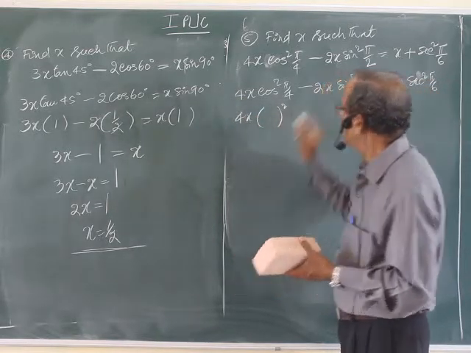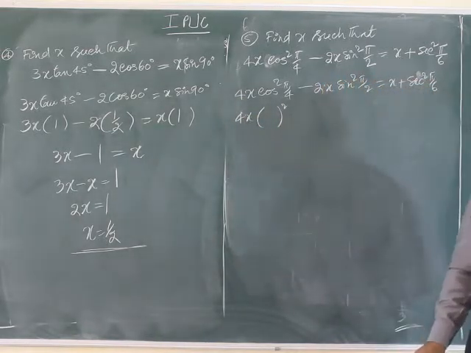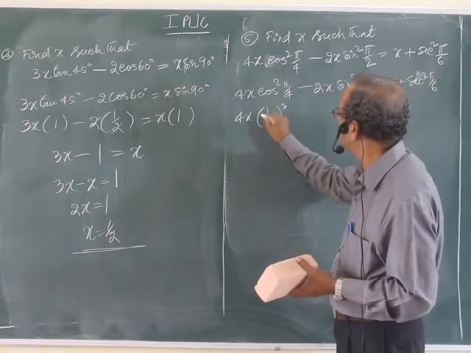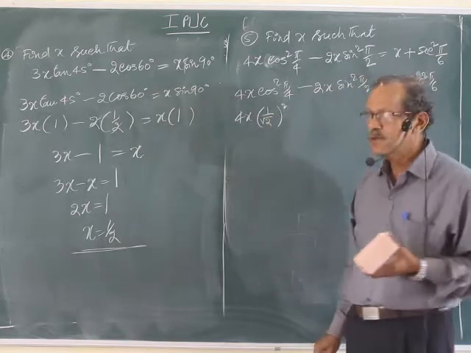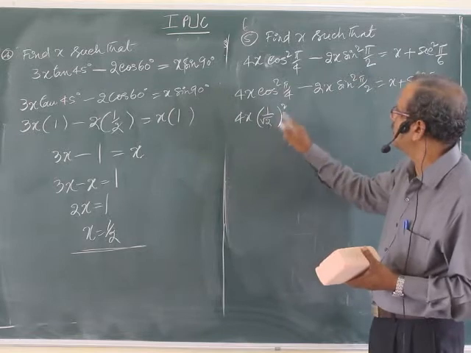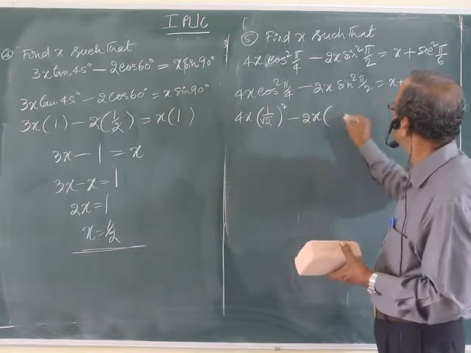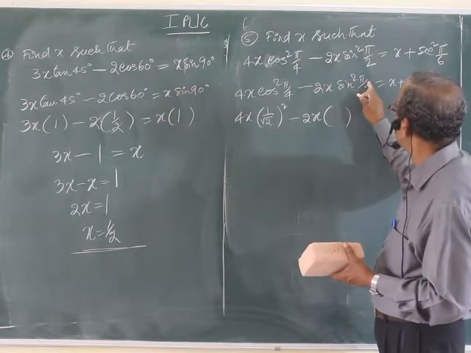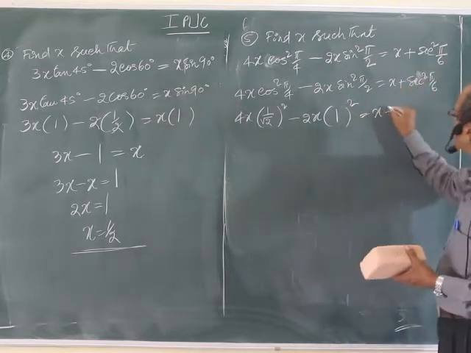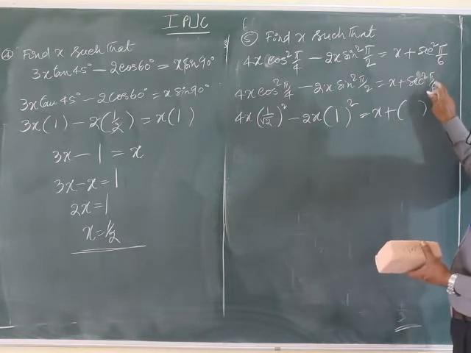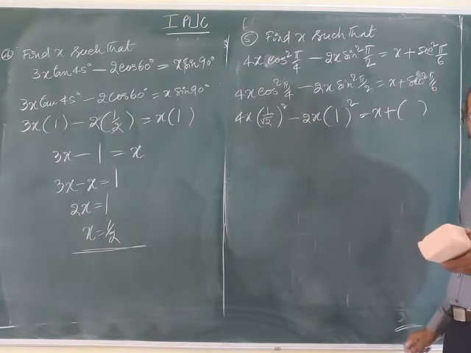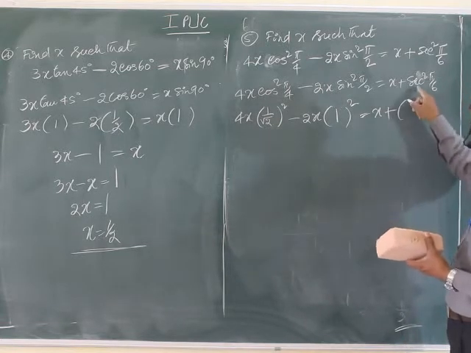4x cos pi by 4, cos 45. Cos 45 is 1 by root 2. Go back to the chart and see that one. Cos square, so 1 by root 2 square. 2x sin 90, pi by 2 means 90, sin 90 is 1 square. x plus pi by 6 means 30, secant 30, 2 by root 3 I think.